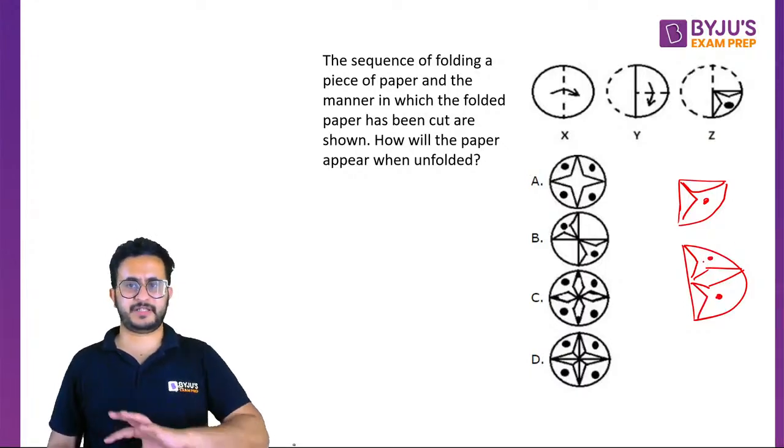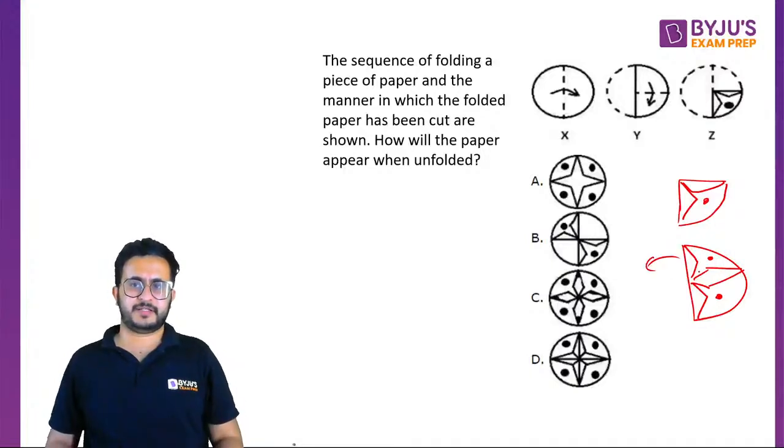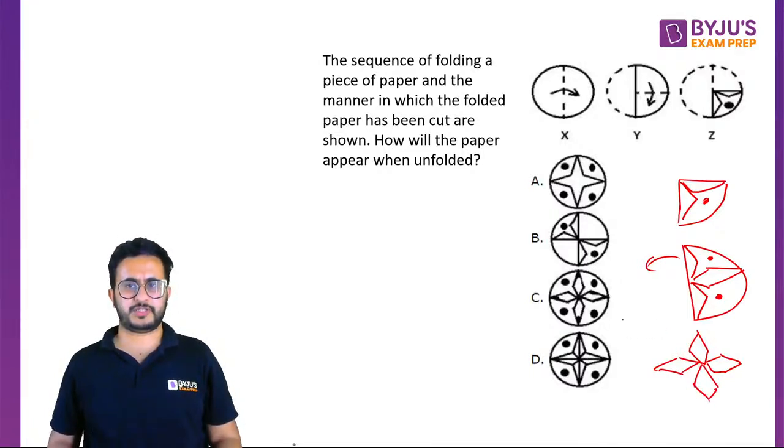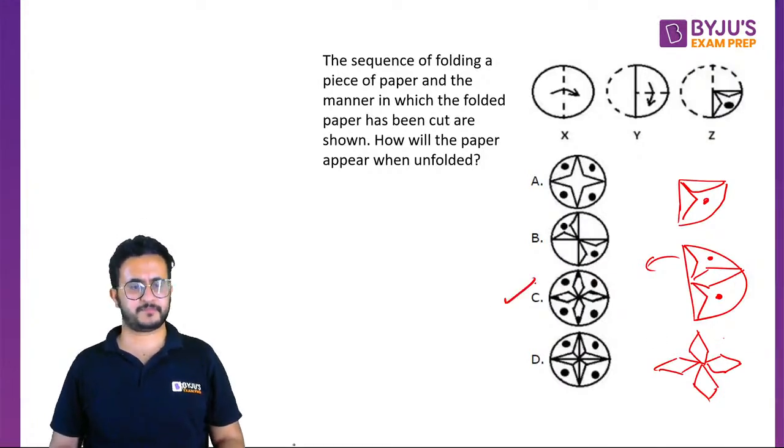Okay, and then when we open it back, then this will become like this. So we will have a shape like this, right, on four or this and with four dots on four sides. So that is option. Okay, that's how it looks on unfolding.